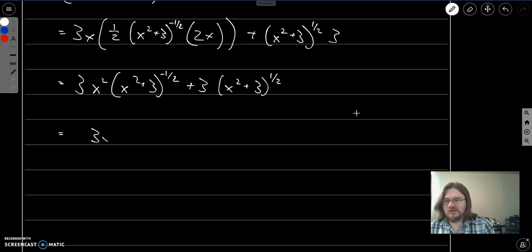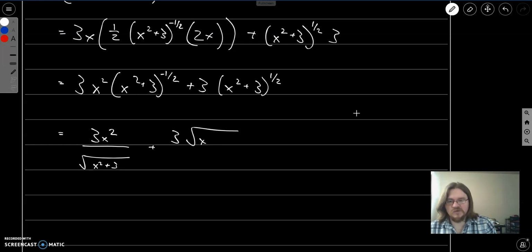So this is going to be 3x squared over the negative 1/2. So the negative puts it on the bottom. The 1/2 says that this is just the square root of x squared plus 3. And then I'll write this as 3 times the square root of x squared plus 3. But in order to consolidate these fractions, I want them over the same common denominator.